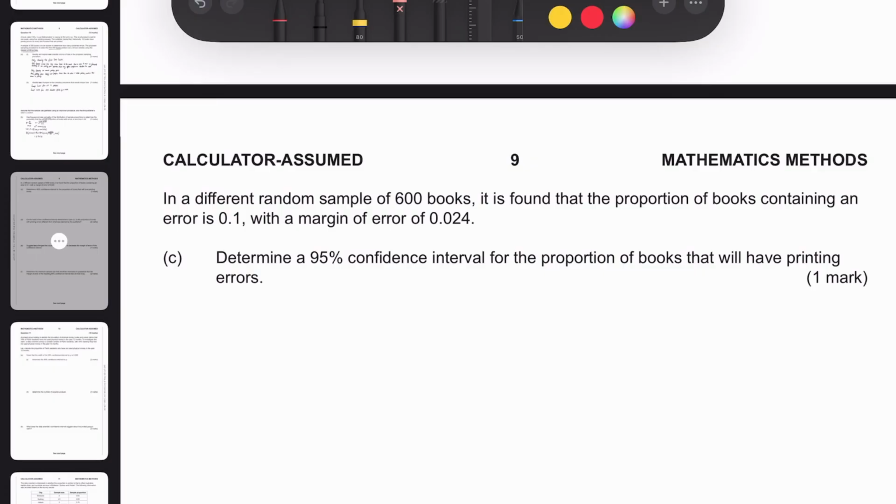Honestly, I think this is a bit of bad wording in a different random sample. So they give us the margin of error here, but it didn't say that it's for the 95% confidence interval. But I'm just looking at the answer sheet right now. All it does is take the 0.1 plus or minus 0.025.